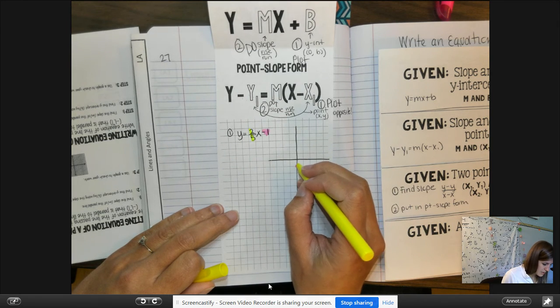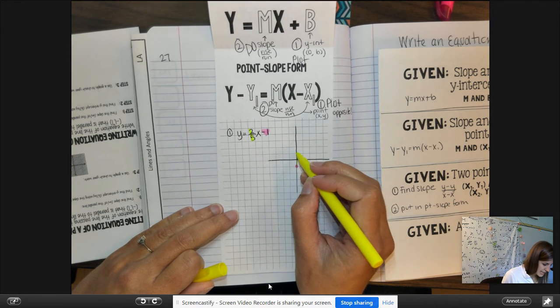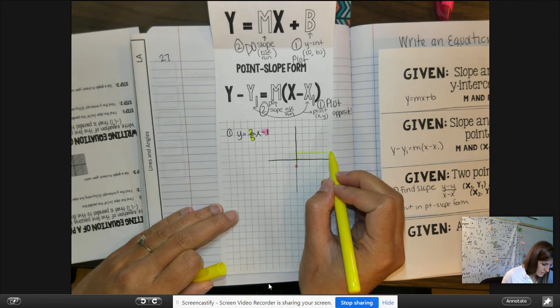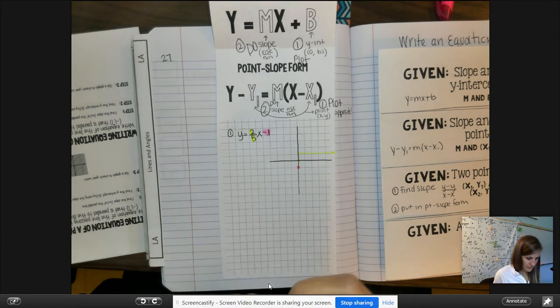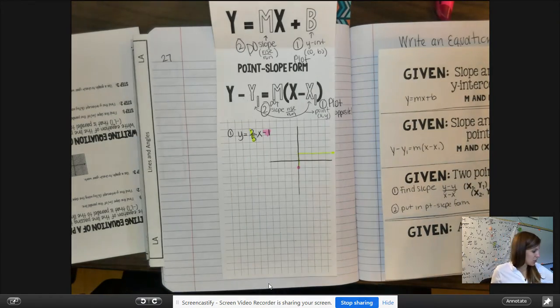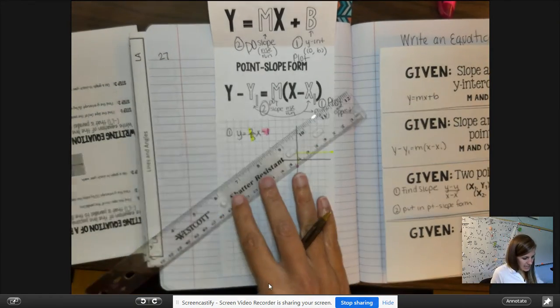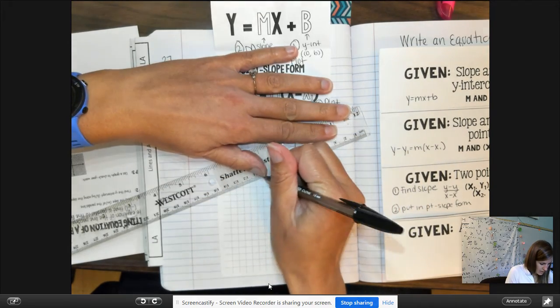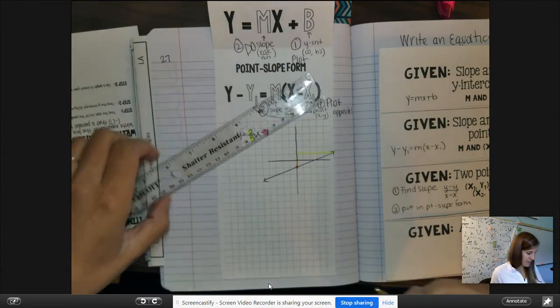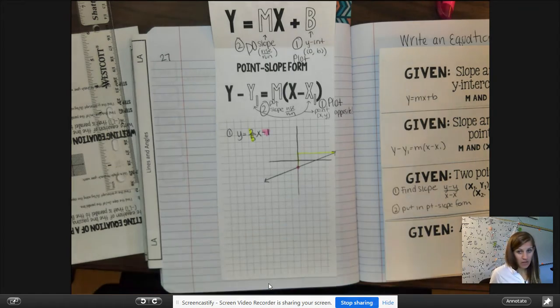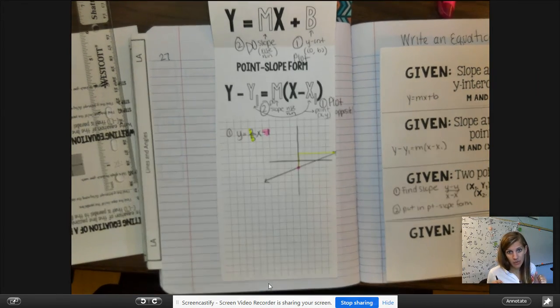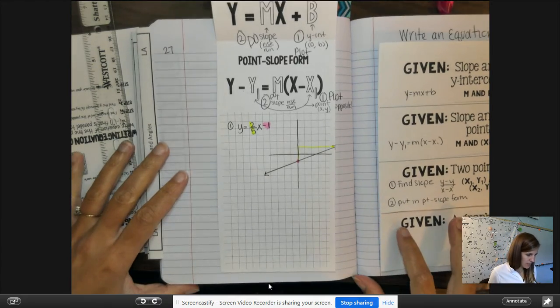So I'd go up 1, 2, and then right, because that is a positive 5, 1, 2, 3, 4, 5. Oops, I'm a little bit off the page. And then once I have 2 points, I can connect them to draw a line with arrows on the ends. And you could give those points names, like letters, and then you could talk about the line as like line segment AB or whatever. So cute.